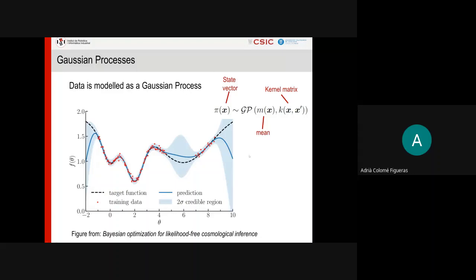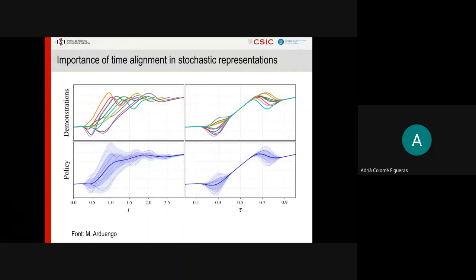Now, I have talked about different motion representations, but what is common in some of them is the time alignment and the importance of these time alignment properties. So imagine that you have these trajectories on the upper left corner, and you build a probabilistic movement primitive with them.